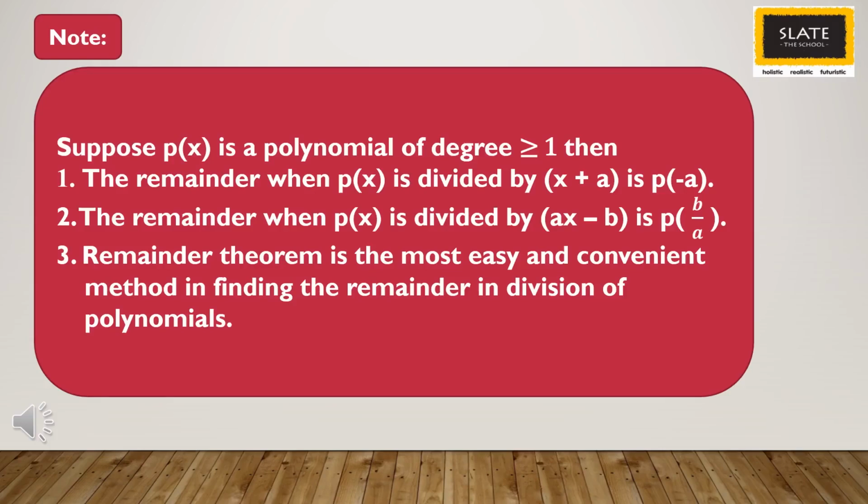We get x equal to minus a and substitute this x equal to minus a in p of x. We get p of minus a. In the same way, the remainder when p of x is divided by ax minus b is p of b by a. The remainder theorem is the easiest and most convenient method of finding the remainder in division of polynomials.